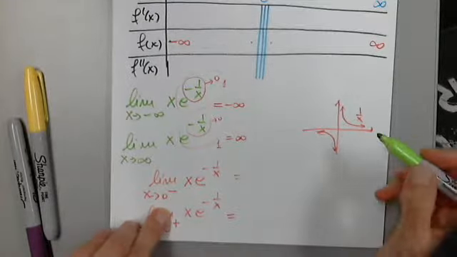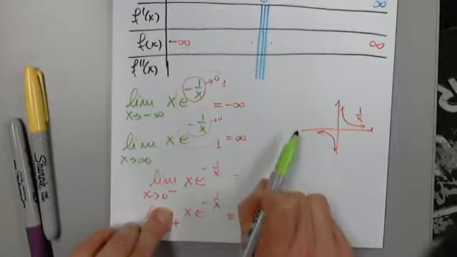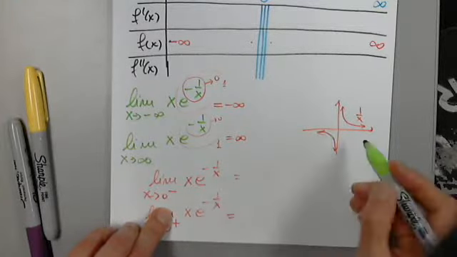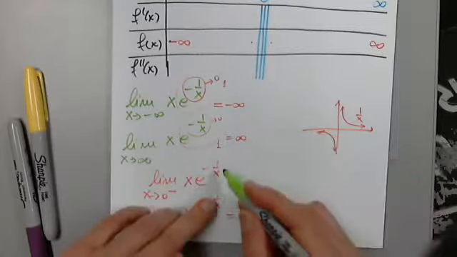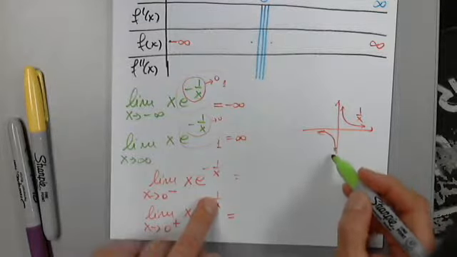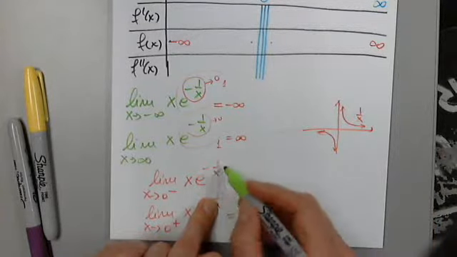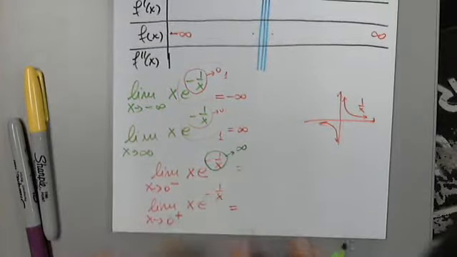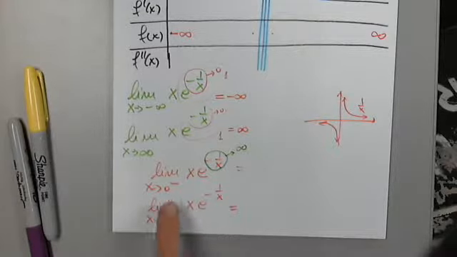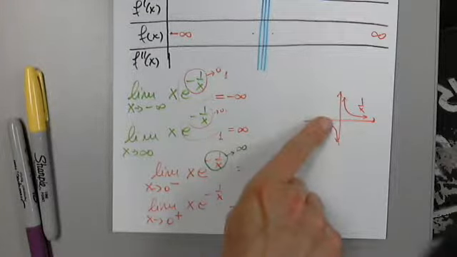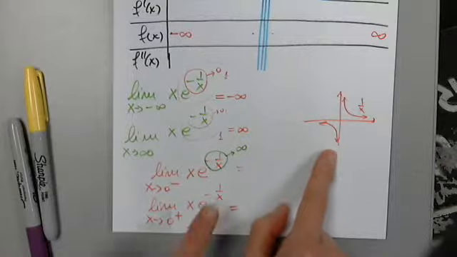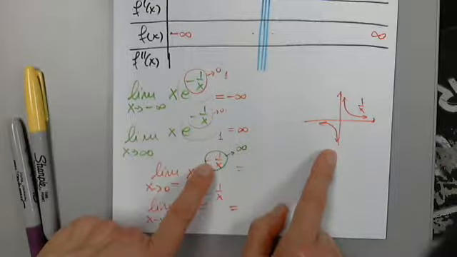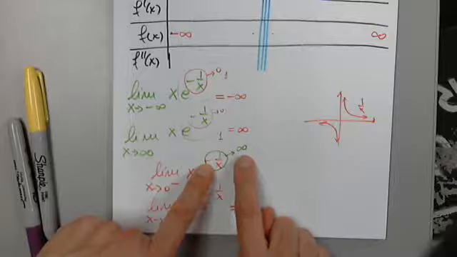Okay, so let's see what happens now. As x approaches 0 from the left, 1 over x approaches negative infinity, but there is a minus in front, so this actually approaches infinity. Not negative. Is that clear? Negative infinity times negative 1 in front will be infinity.